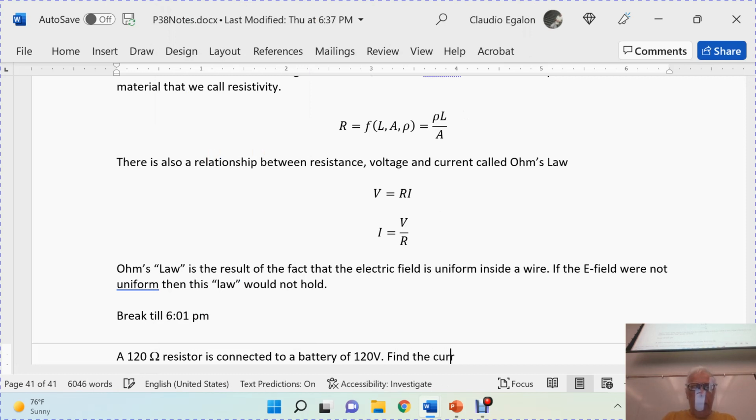Find the current flowing through the circuit.